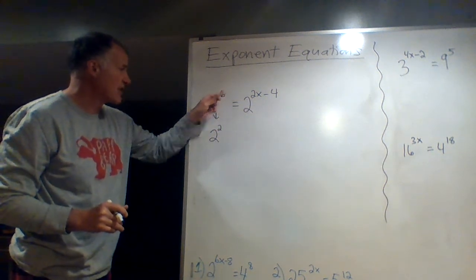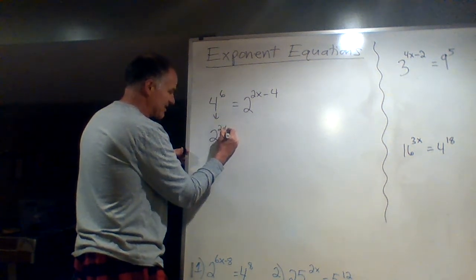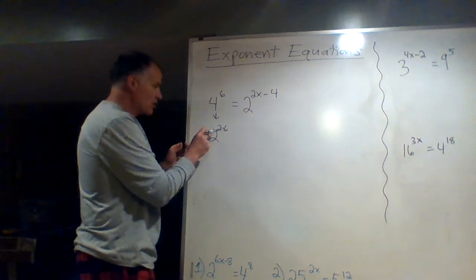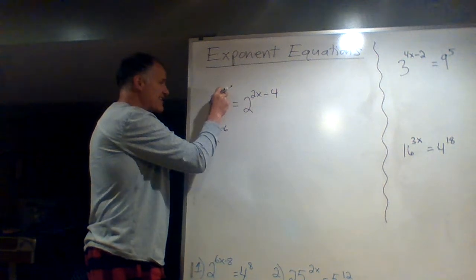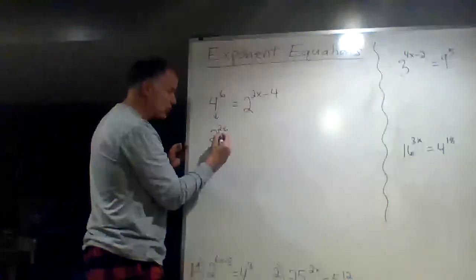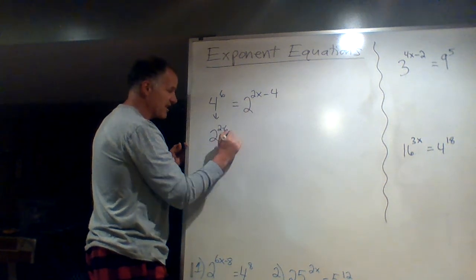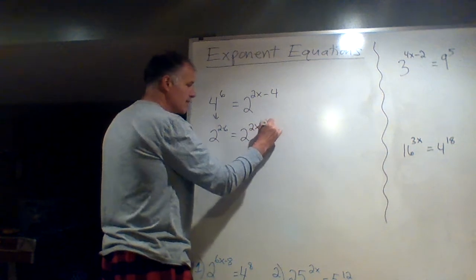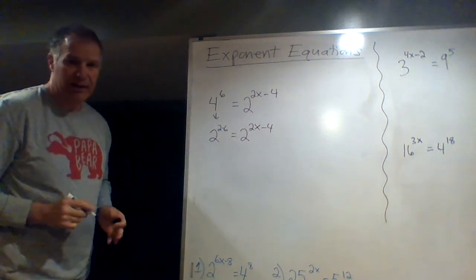Now, the problem is I already have a 6. What I'm going to do is that 6 that was an exponent goes with the 2 that I created. Again, 2 to the second power makes 4, but I already had a 6 as an exponent, so the 2 that I created goes with the 6. Now I have matching bases, don't I?